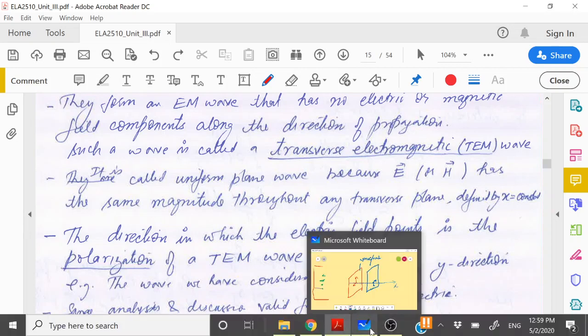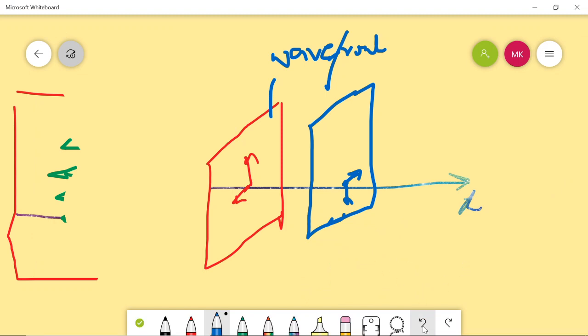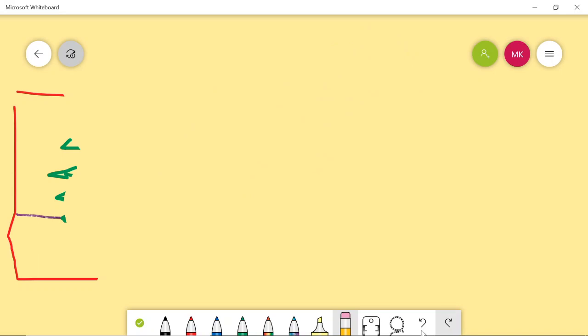Why do we consider a uniform plane wave? Because, for example, if you have a point source, like the sun, the wave will propagate in all directions. The EM wave will be generated and go everywhere, with the electric and magnetic fields perpendicular to the direction of propagation.